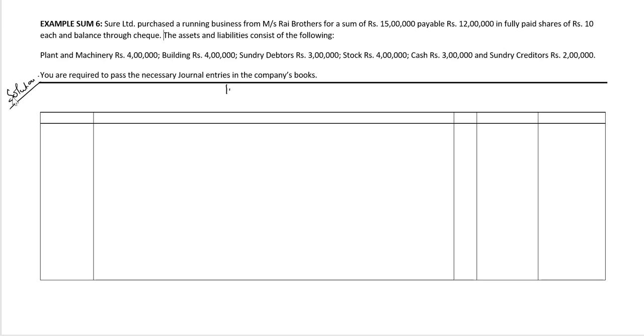Solution: in the books of Sure Limited journal, we have date/serial number, particulars, LF number, debit rupees, and credit rupees.